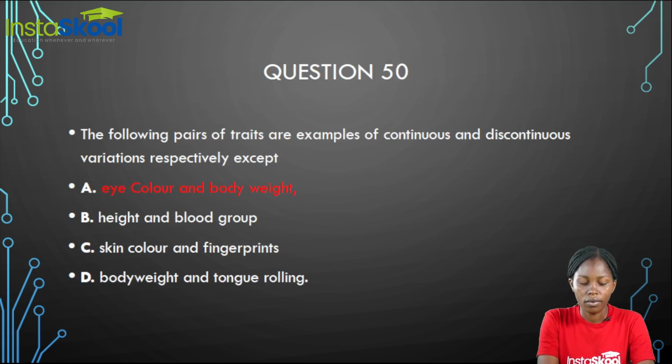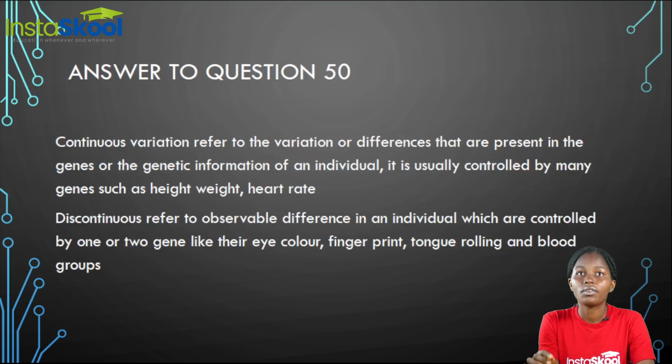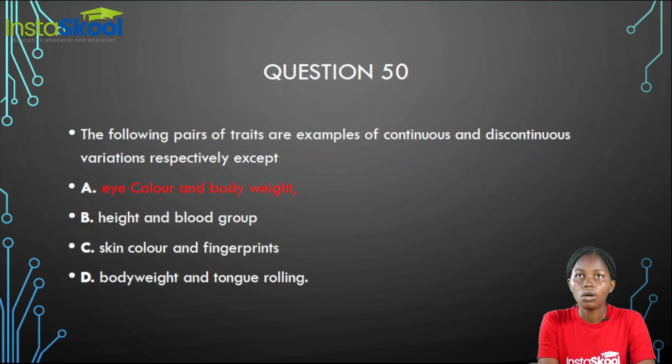Respectively, height is an example of continuous variation. Blood group is an example of discontinuous variation. Now, what about skin color? Skin color is an example of discontinuous variation, while skin color is an example of continuous variation.